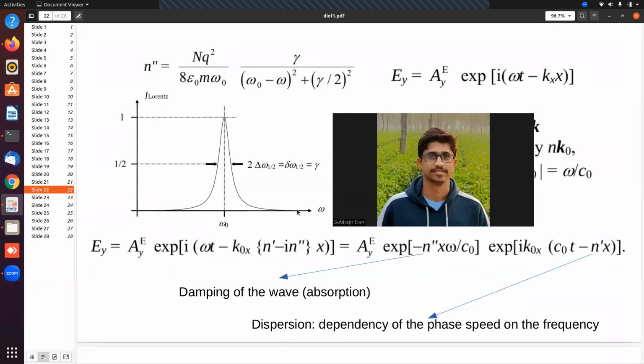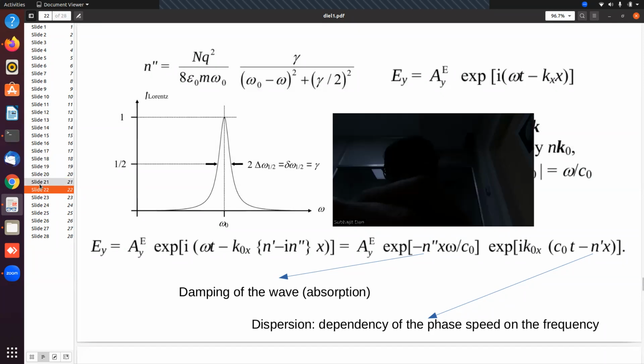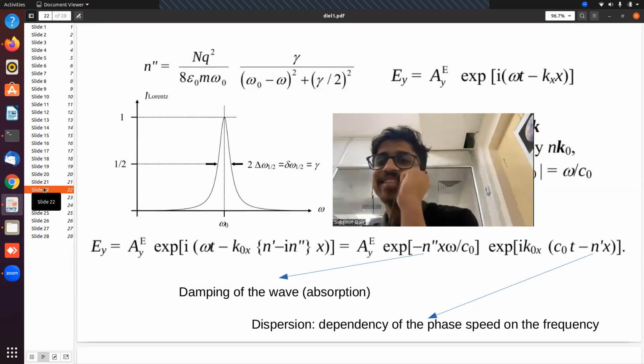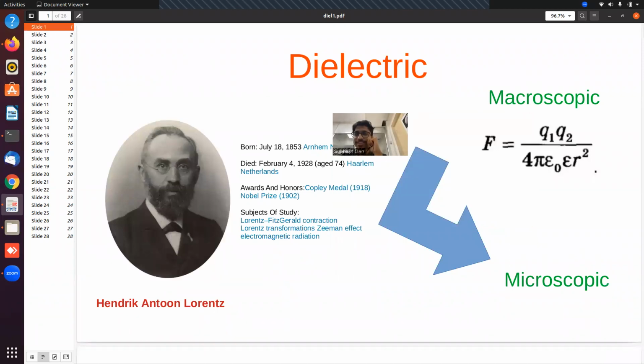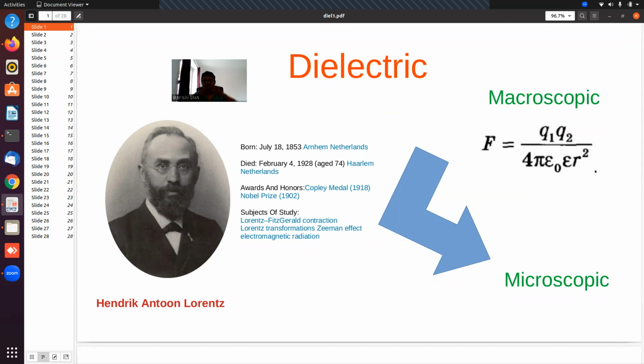If anything is not clear, I will... Just one thing, in the first slide you wrote that the Nobel Prize of 1902 was awarded to Lorentz. I think that's not right. I copied it from the internet. 1902 was awarded to Emil Fischer, I remember.